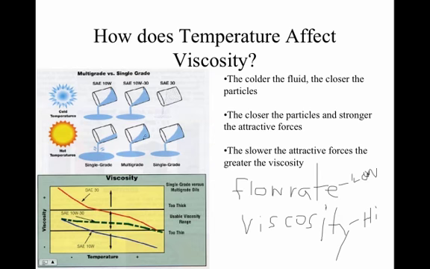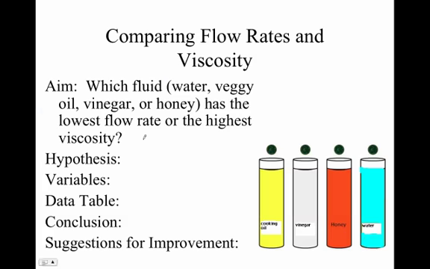So let's go on. Here's an experiment we're going to do to measure the flow rate of different substances. We can drop a marble into different liquids and time how long it takes for the marble to reach the bottom. The longer it takes for the marble to reach the bottom, in other words, the slower it goes, the greater the viscosity.